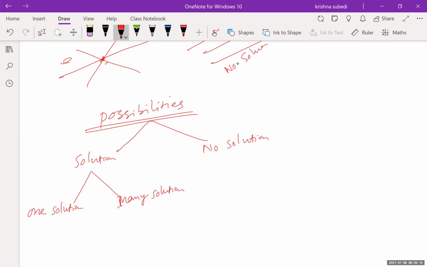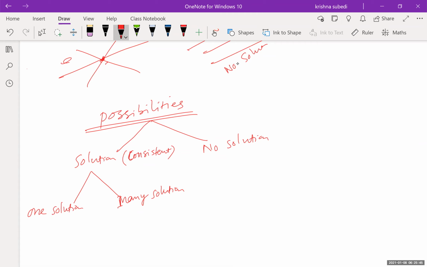Now there is a special word that we'll be using throughout the course. If you want to say that the system has a solution, we call that the system is consistent. We'll be using this standard word, consistent. What it means is it has a solution. It could have one solution or many solutions, but it has a solution.